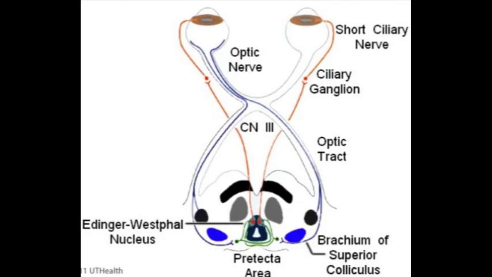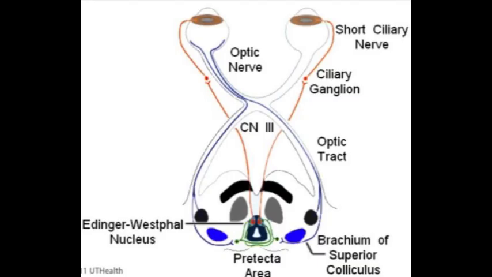From each pretectal nucleus, we now have afferent signals that travel by interneurons. The pretectal nuclei communicate with each other, and at the same time they send ipsilateral projections to the Edinger-Westphal nucleus, and also provide contralateral innervation through those same interneurons to the Edinger-Westphal nucleus.